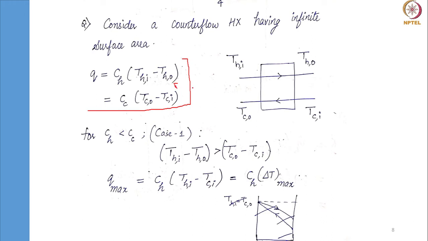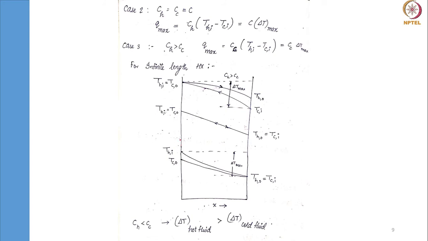So we'll take different cases of fluids where heat transfer happens. For the example where hot fluid heat capacity is less than cold fluid heat capacity, for a particular Q, when C_H is less than C_C, we have T_H,i minus T_H,o greater than T_C,o minus T_C,i.